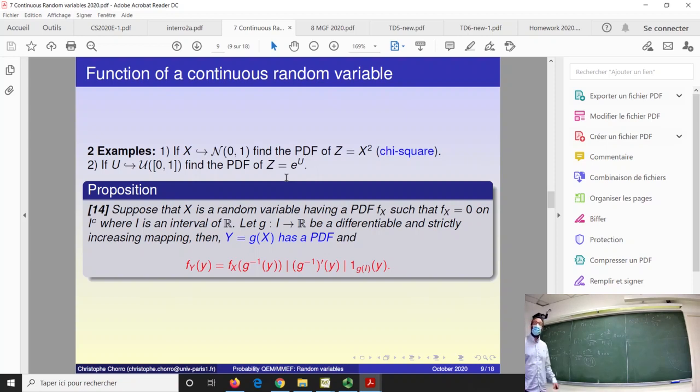Exponent minus x divided by the square root of 2xy. You are not very far. I agree with the beginning, but it was exponential of minus x over 2.